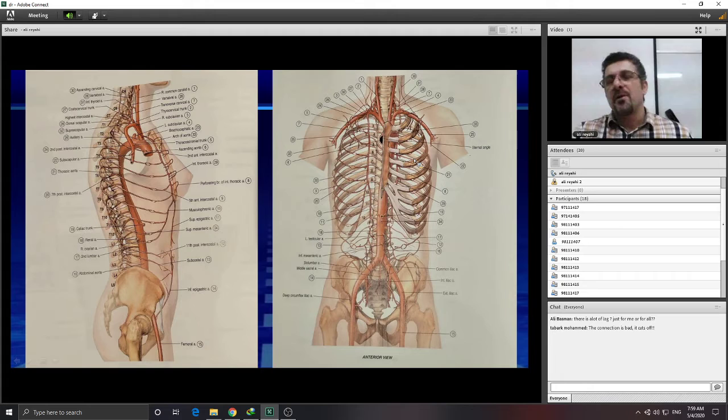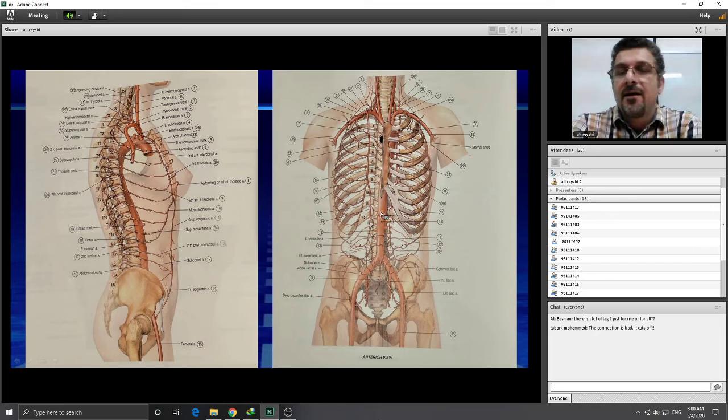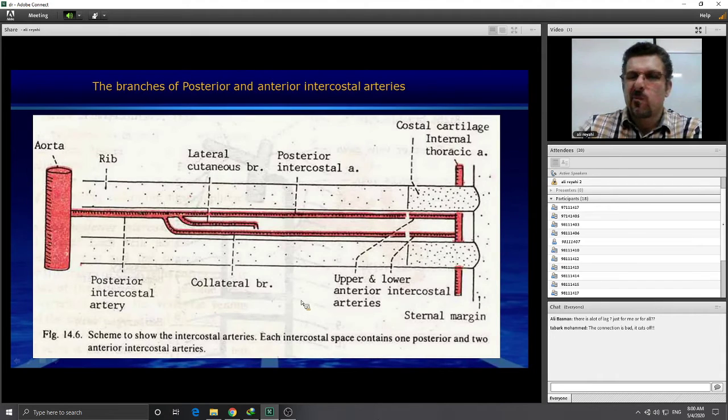I made a mistake in the term: this artery supplies the fibrous pericardium and some mediastinal structures, and finally reaches the diaphragm for supplying the diaphragm muscle.